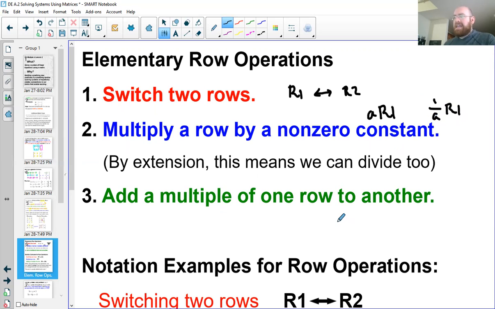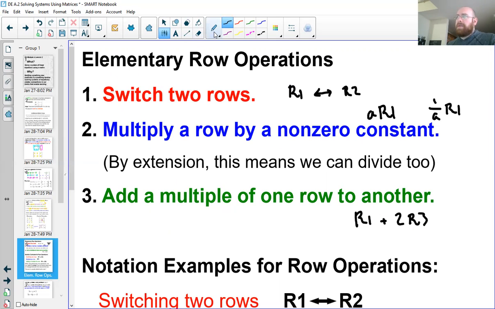Lastly, we can also add a multiple of one row to another. So we might say R1 plus 2 times R3. Notice that these are the same tools that we used when solving a system of equations using elimination. Now we're just formalizing these and giving them some special notation.